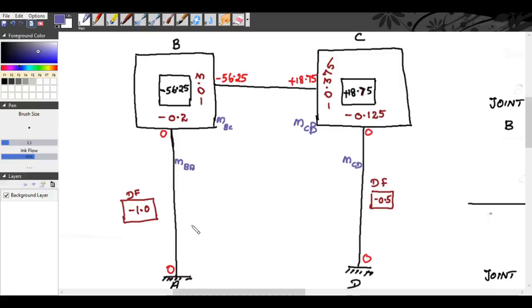So M dash BA. So we can write it... M dash BA. I will write it in the other way.